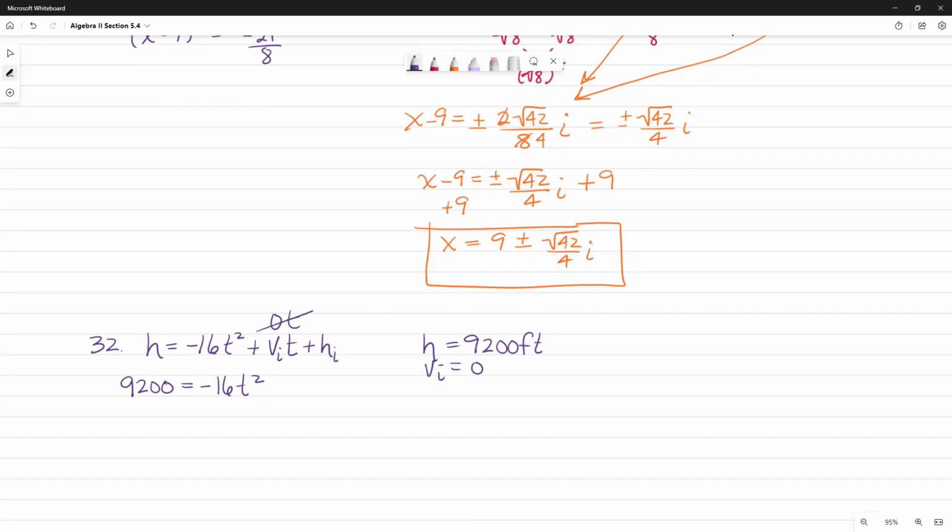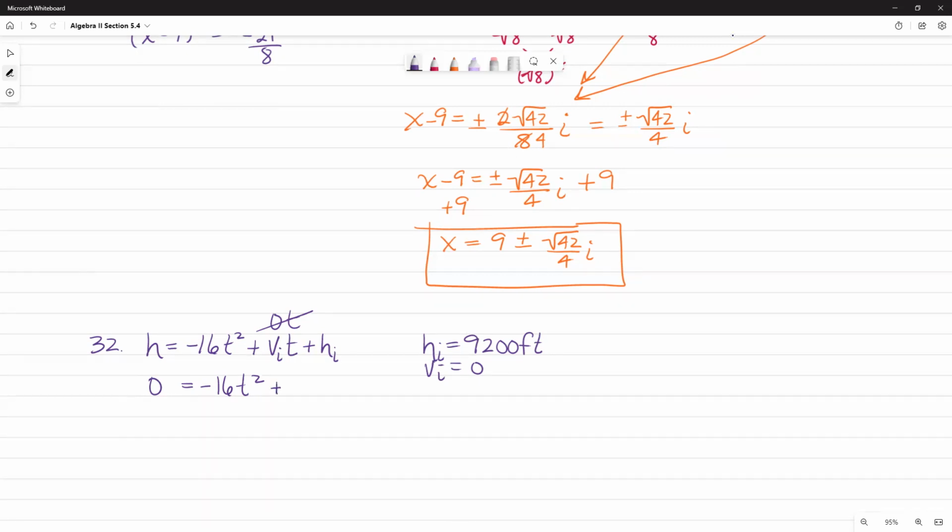And round answers to the nearest tenth. Hold on just a second. The height is 0. Sorry, it's falling down. So the end result is the ground, which is a height of 0. That 9,200 feet is our initial height.